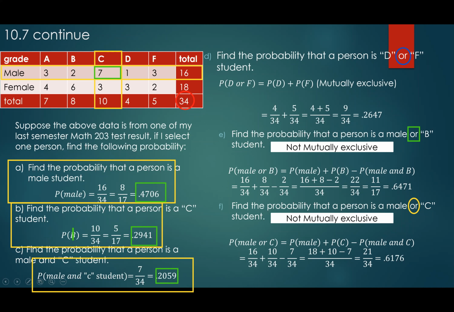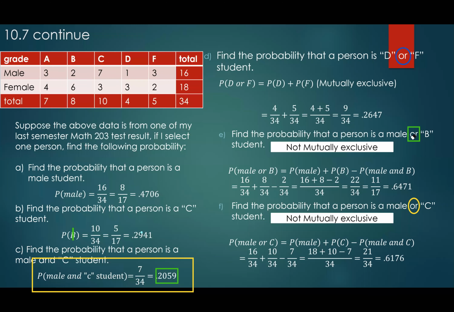But looking at this, the question is how to determine if they are mutually exclusive or not mutually exclusive. If you can determine that, hopefully you can identify your formula.